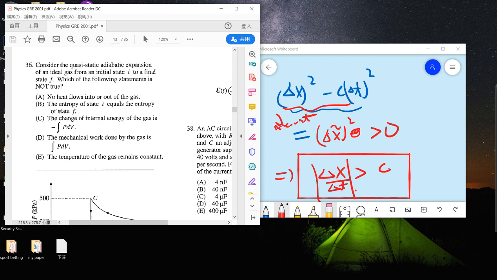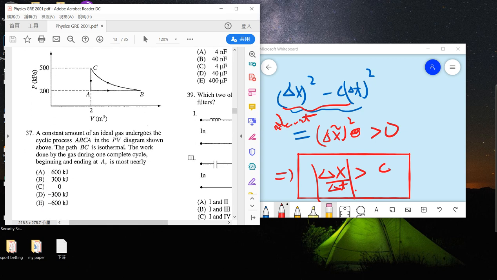This is also basically the definition of adiabatic. C says the change of internal energy of the gas is minus PdV. This is the first law, because the change of energy is heat minus the work, and heat is 0, so PdV, which is the work. And D is common sense. So the rest is just E. The temperature remains constant means this is called an isothermal process, not an adiabatic process. So the answer is E.